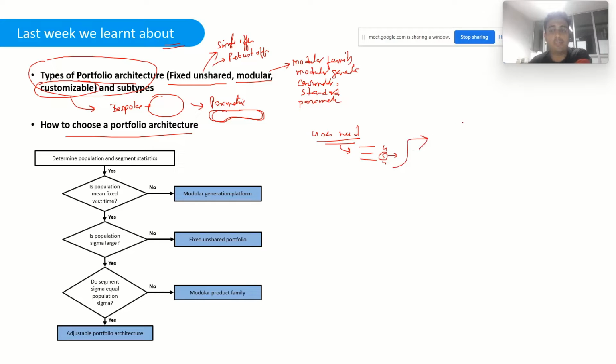Statistical information like population mean of a need value. So every need needs to be converted into a specification. A specification will have a metric and a value, right? So basically, we are trying to identify the population average of that particular need value.